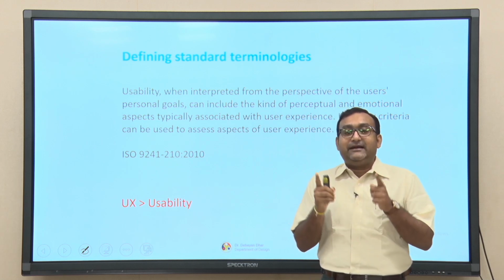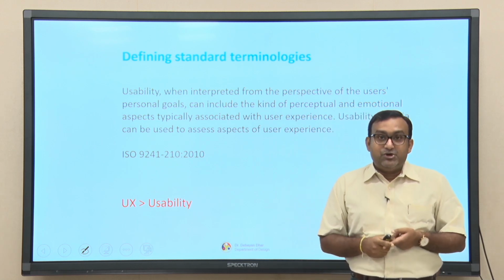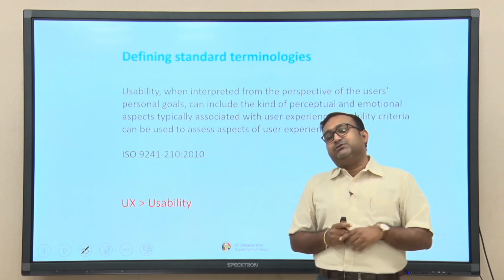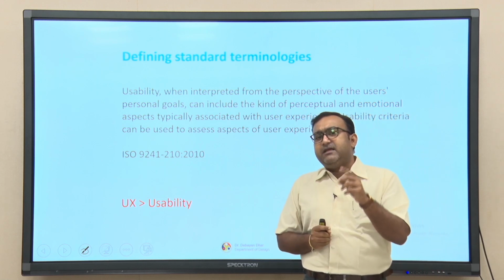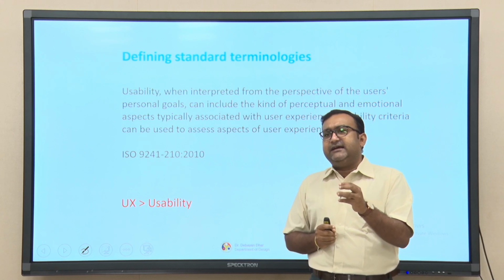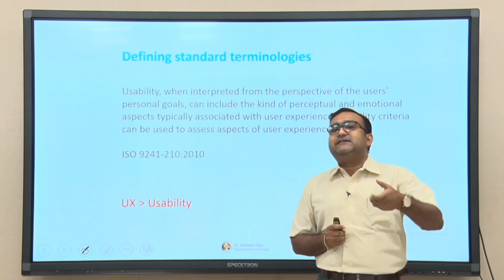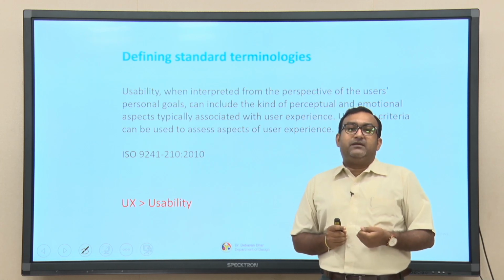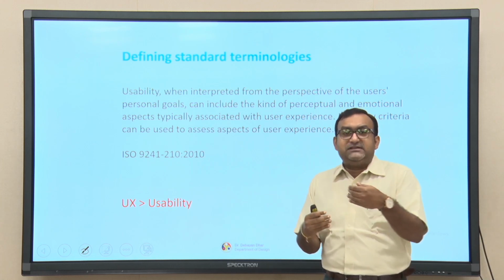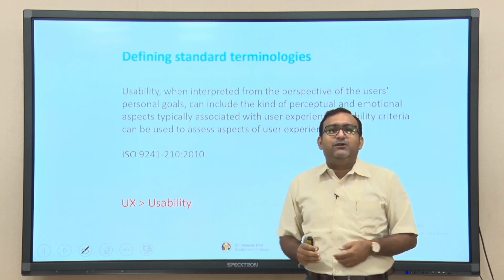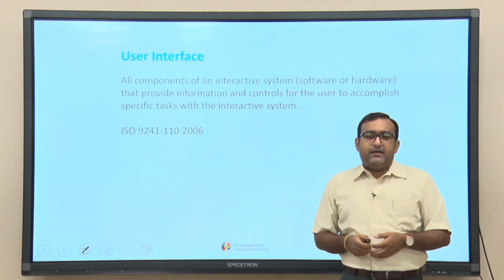Now, usability criteria can be used to assess aspects of user experience. See, if you understand here, it is talking about personal goals. That means it is referring to the situation which is anticipated and during use of the product.